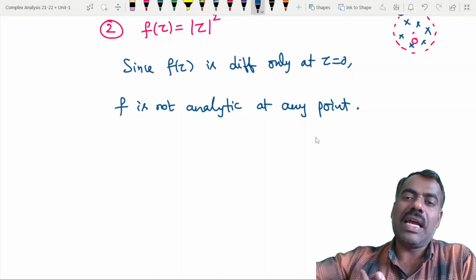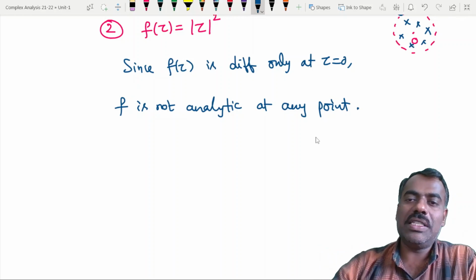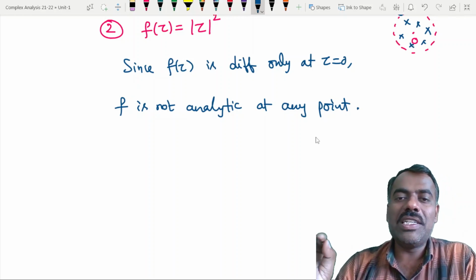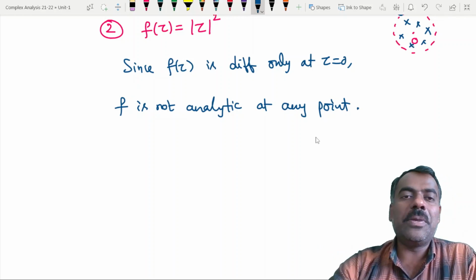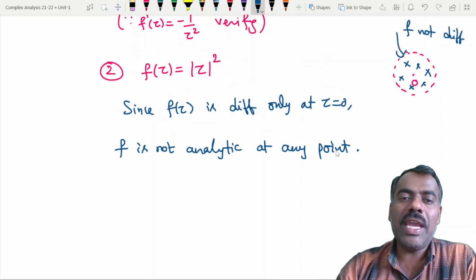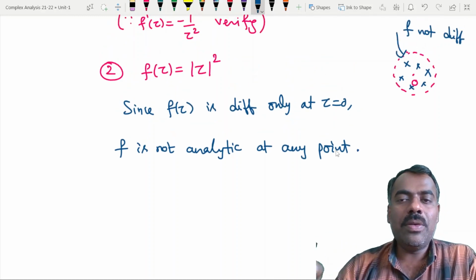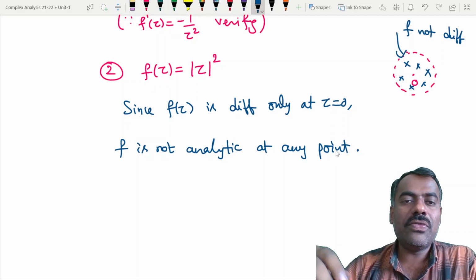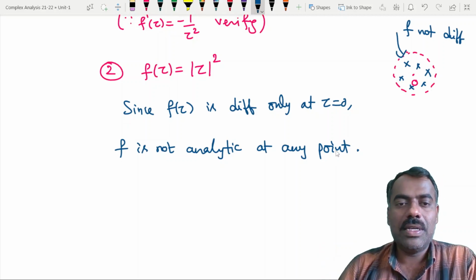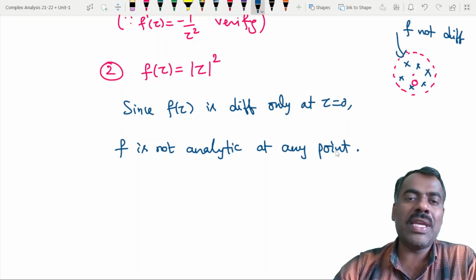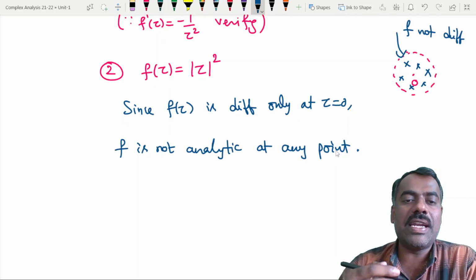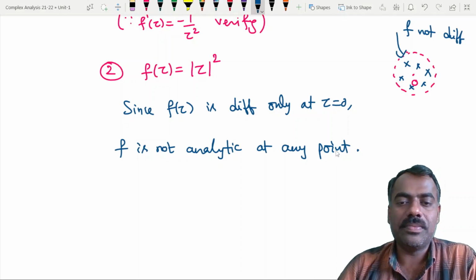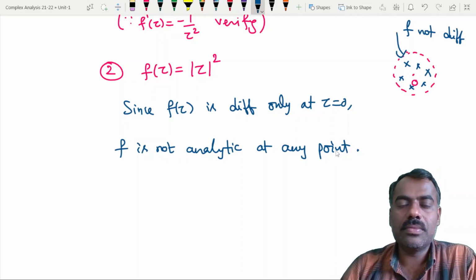Because at other points there is no question, it is not even differentiable. What about at least 0? Even though it is differentiable at 0, you take any neighborhood, there will be many points in that neighborhood where it is not differentiable. In fact, any point you take other than 0 in that neighborhood, it is not differentiable. Is this clear? Yes or no?